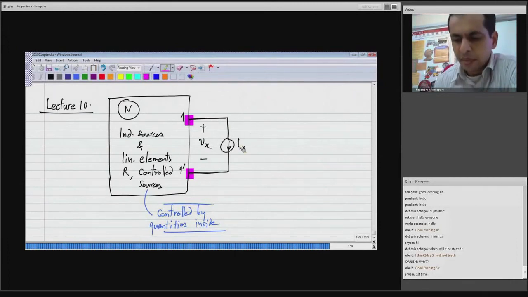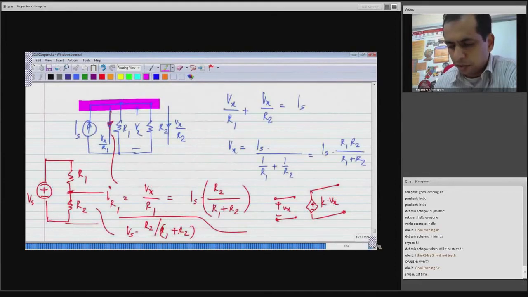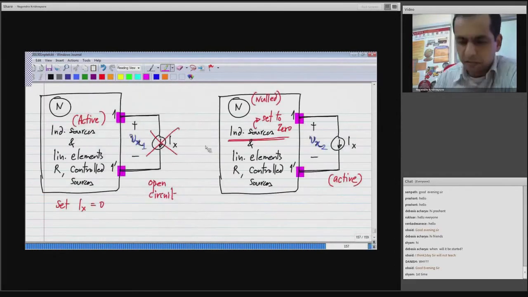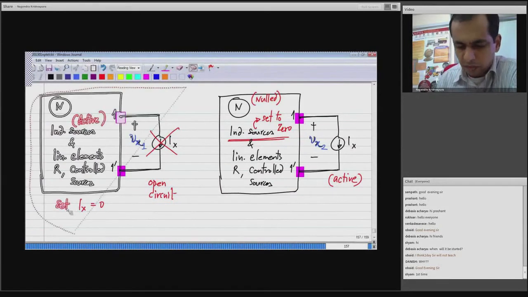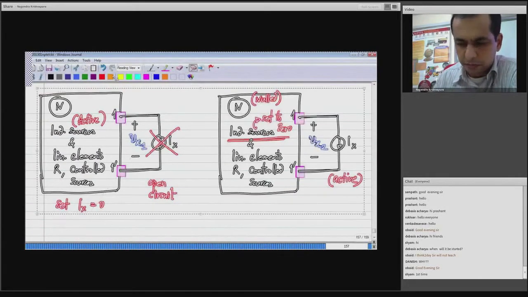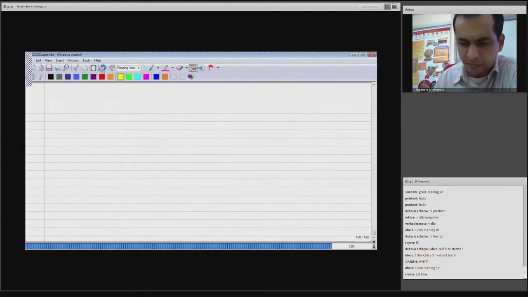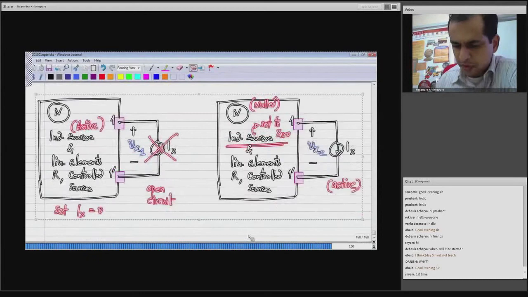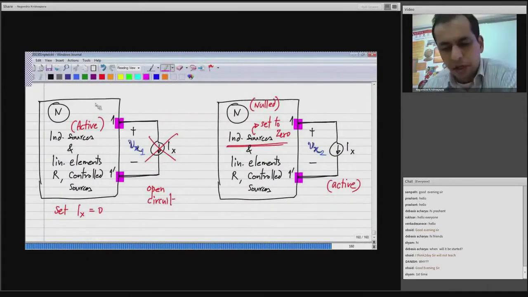Now this is a linear network, so superposition applies, and we can analyze this in 2 steps, which is what I have shown here. I'll do a 2-step analysis.